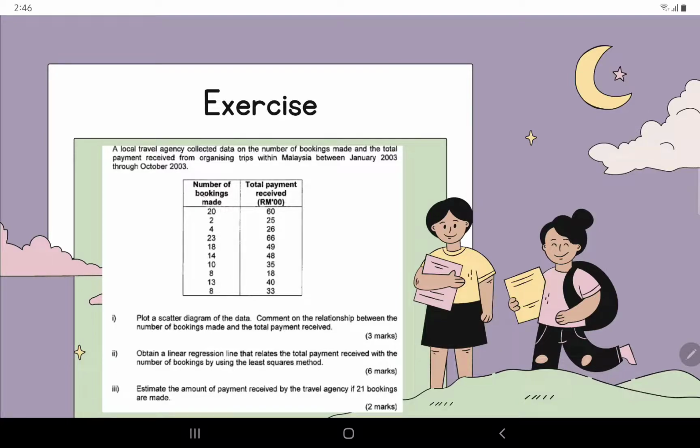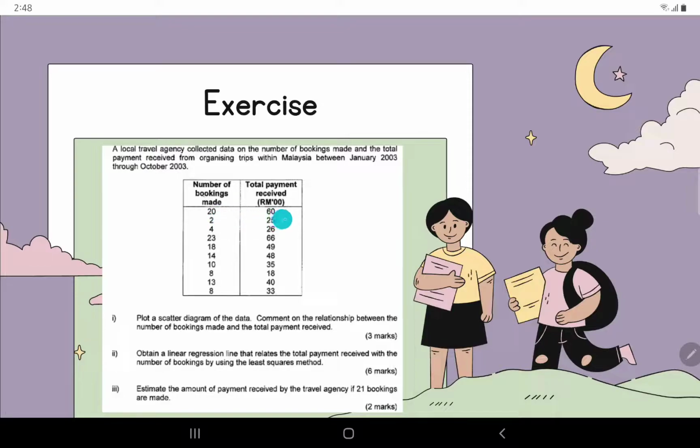Okay, look at this exercise. A local travel agency collected data on the number of bookings made and the total payment received from organizing trips within Malaysia between January 2003 until October 2003. So, kalau booking dia 20, payment dia dapat 6000. Ni ada RM 100, so 60 tu maksudnya 6,000.